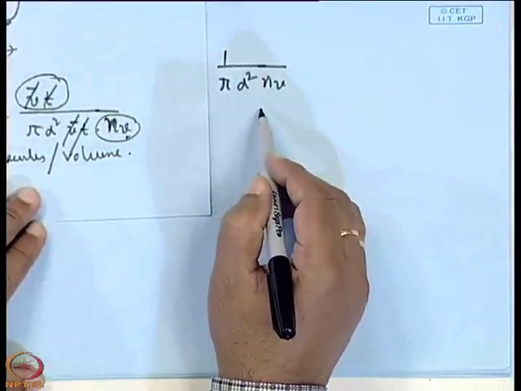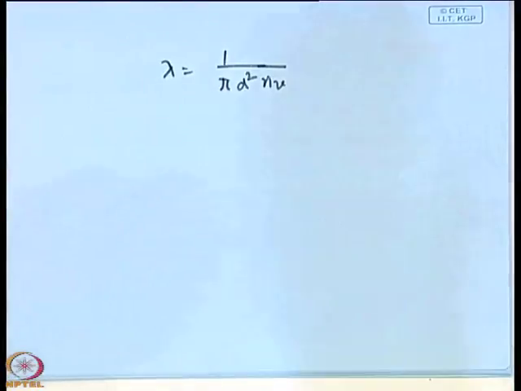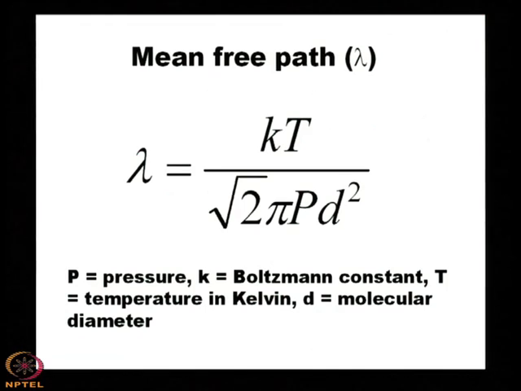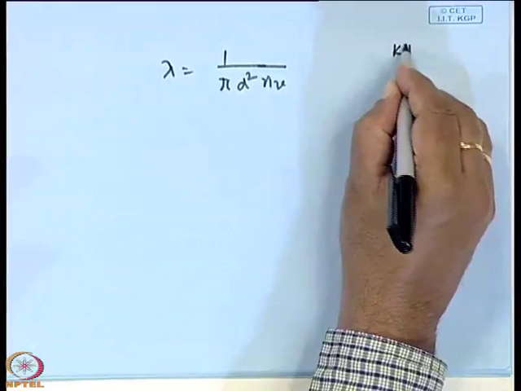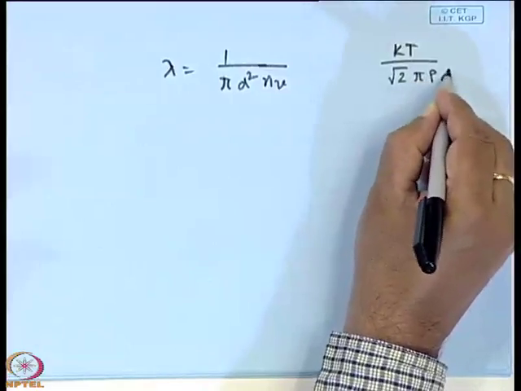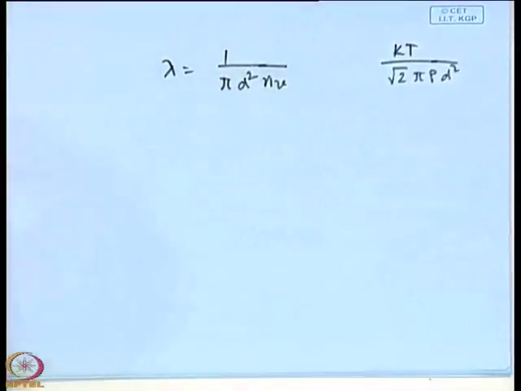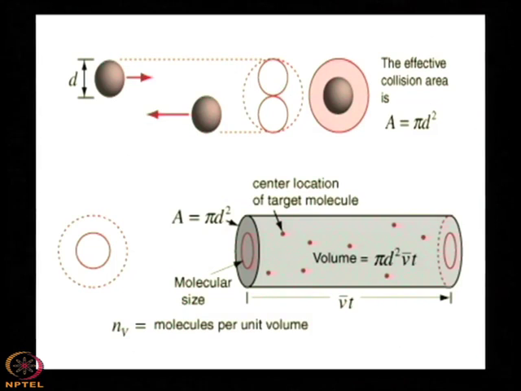So, 1 by pi d square into n v. But you see that here we have used a different kind of expression which is given by k T by root 2 pi P d square. So, from this expression we have to come to that expression.